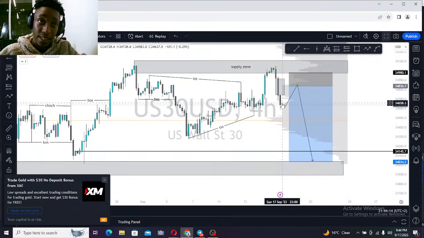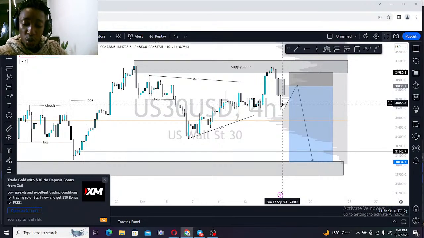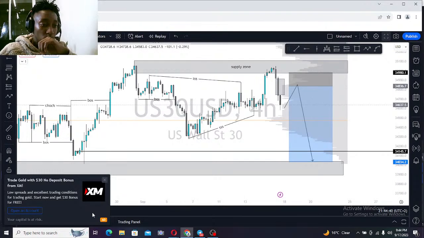But this is H4 time frame, so that TP is for swing traders. If you are a swing trader, you just enter, and when you are in profit, you lock your profit, meaning you trade your stop loss into profit, and then you continue holding until you reach your TP. So it's for swing traders.